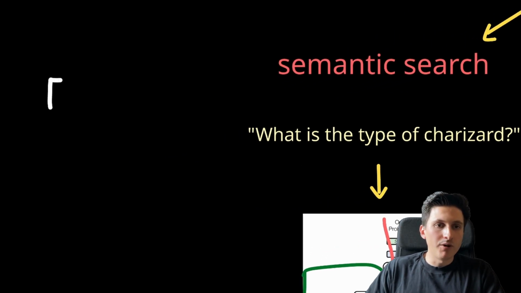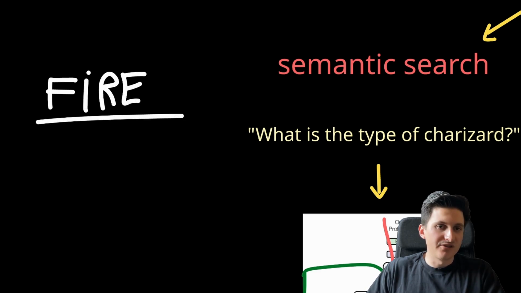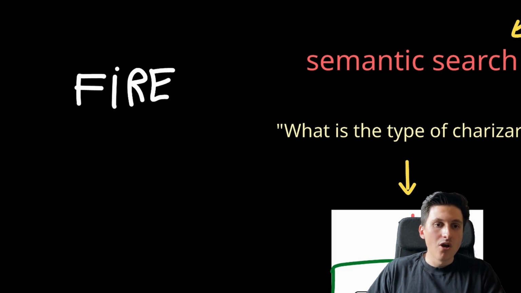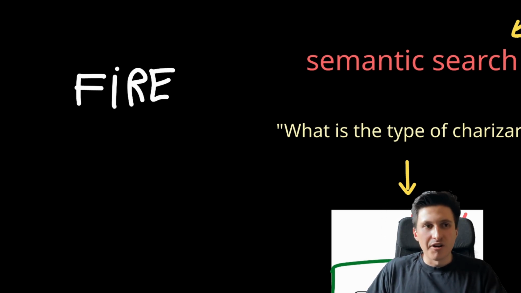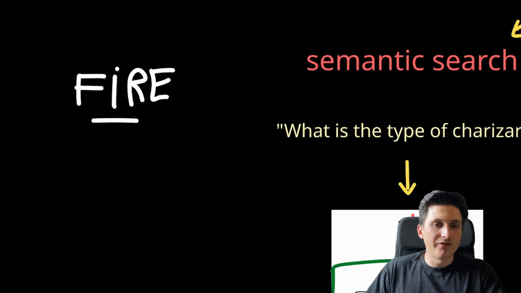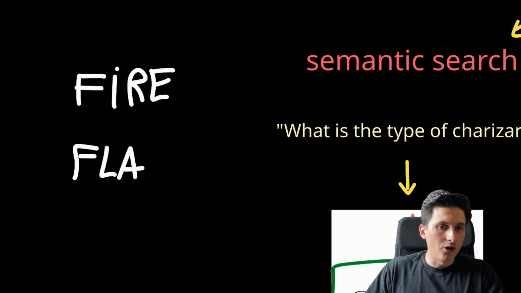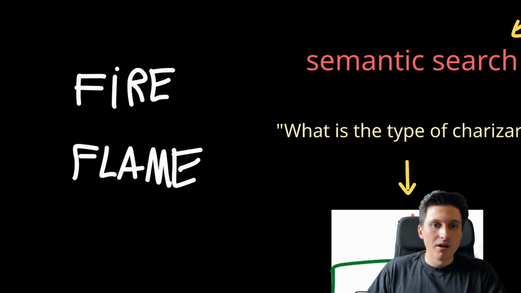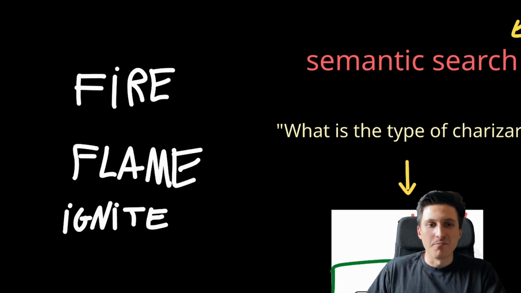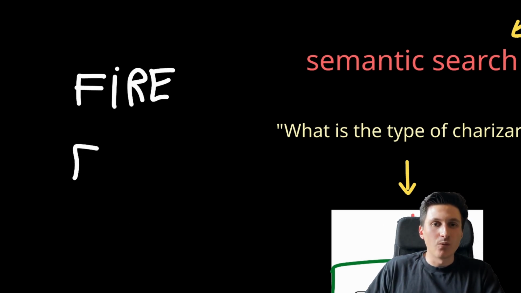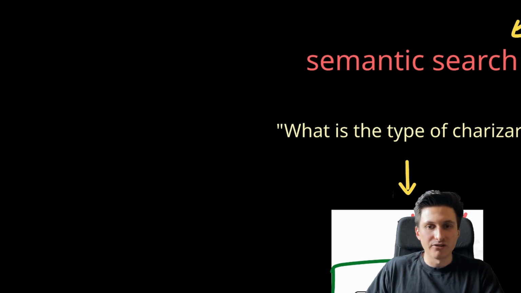For example, if in our query we literally search for fire, we don't only want to get documents that contain the word fire, but also documents that contain the word flame, or ignite, or some other things that have to do with fire but are not literally fire. And the way to do this is by using semantic search.